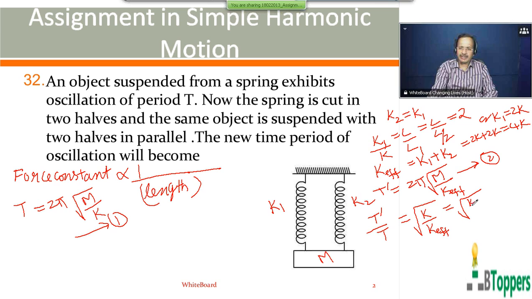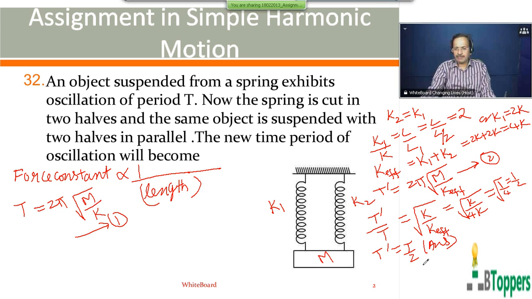So K effective in the second case is 4 times the force constant of the original spring. So you get T dash by T equal to 1 by 2, or T dash equal to T by 2. So the answer is T by 2. If you want to copy the solution of this question, take a pause and copy the solution of the problem.